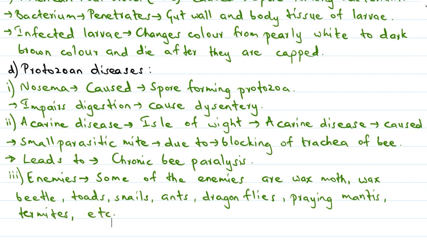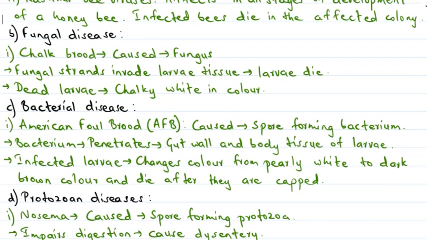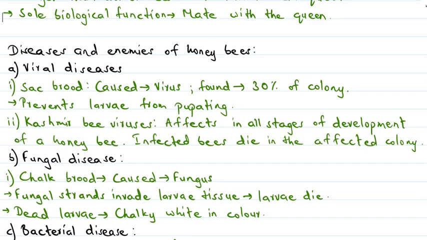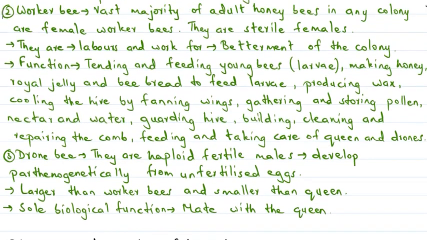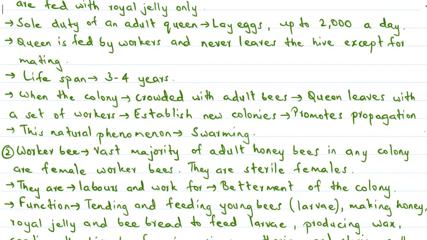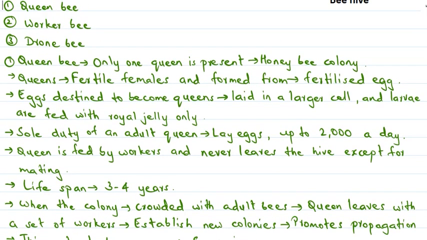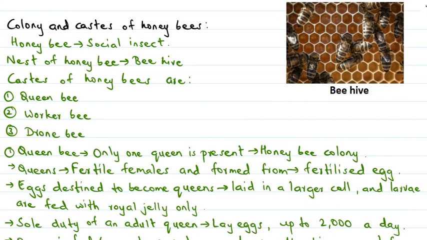Now let's quickly revise everything that we have covered today about beekeeping. Today we have discussed the colony and castes of honeybees, and then talked about the diseases and the enemies of honeybees.